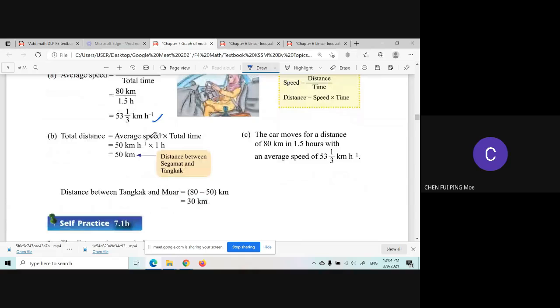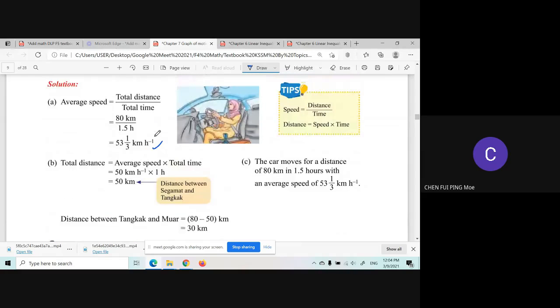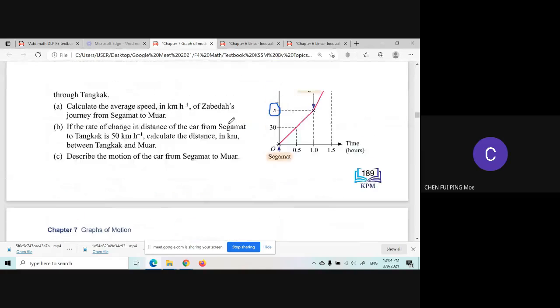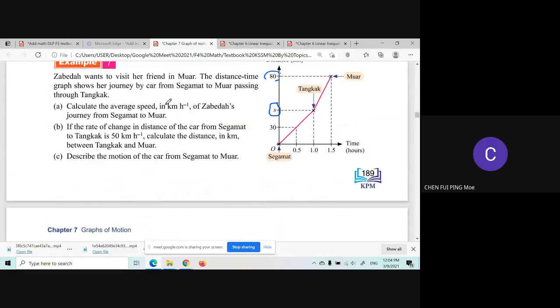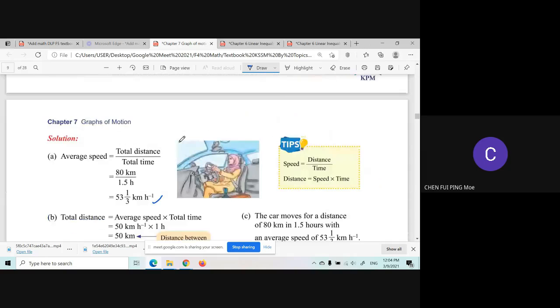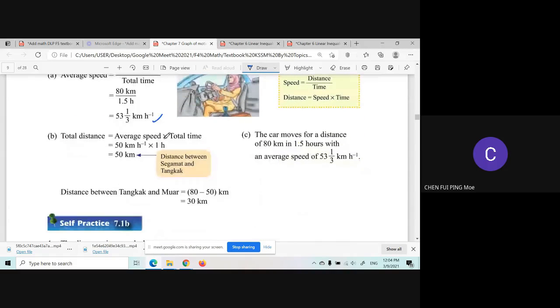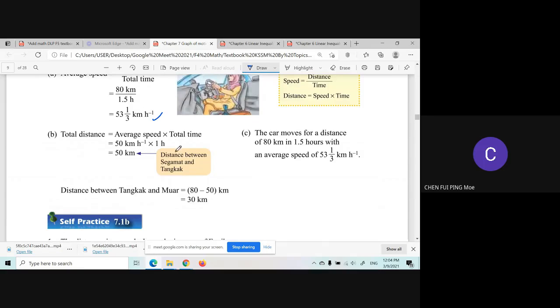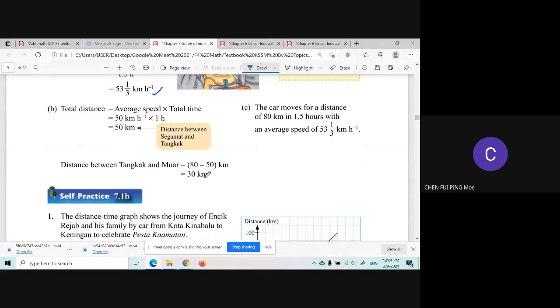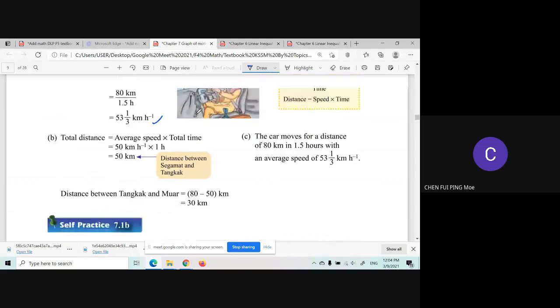Actually, not the gradient formula; I'll multiply straight away, because they use the average speed here. So the rate of change here is 50 km per hour. Calculate the distance using average speed multiplied by time, getting 50 km. So the difference is 80 minus 50, getting 30. Can you understand this one?